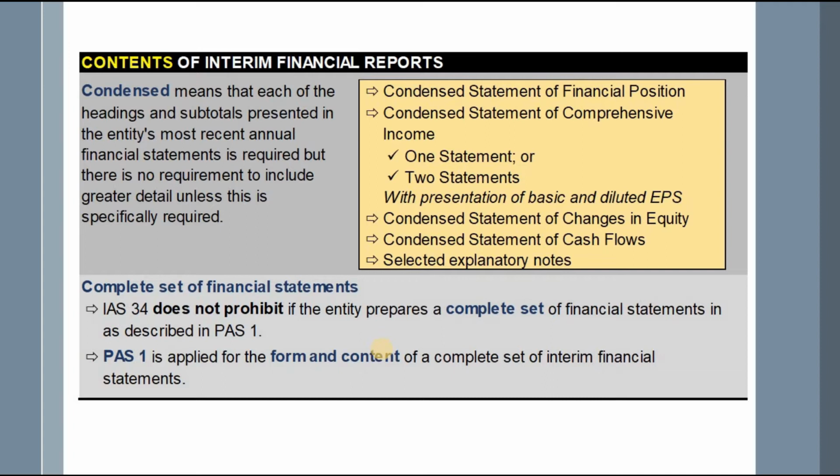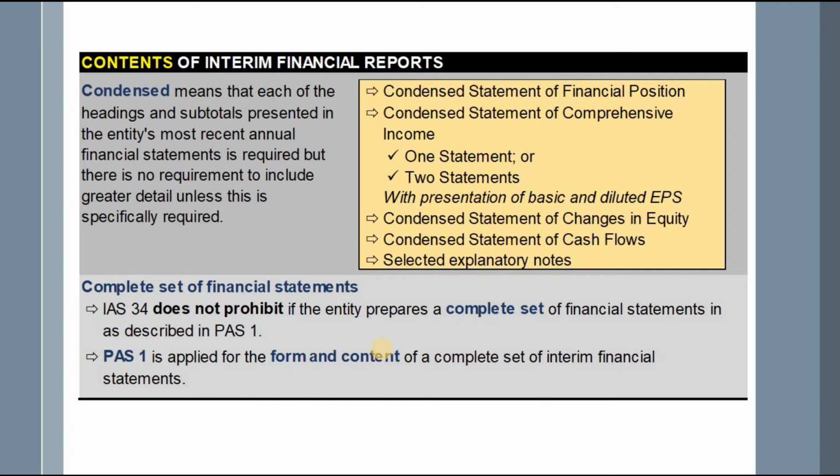If the entity wants condensed financial statements, it will follow the standard on interim financial reporting, PAS 34. While if the entity wants to present a complete set of financial statements for interim periods, it will use PAS 1, which is the standard governing the presentation and preparation of financial statements for 1 whole year.